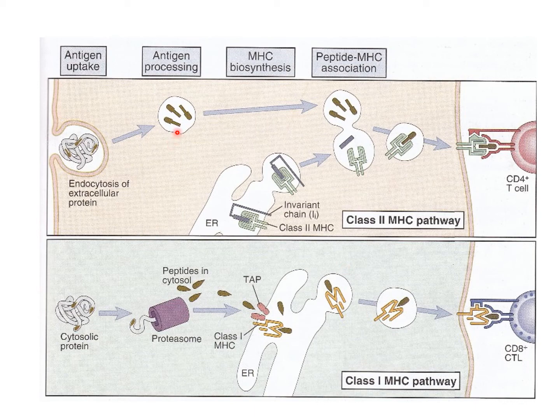Here, as we said, the destruction or degradation occurs via lysosomal enzymes, and the binding of the foreign antigen to the MHC class 2 occurs outside the endoplasmic reticulum, and then it is displayed on the surface of the antigen presenting cell, and it's going to be recognized by the CD4.